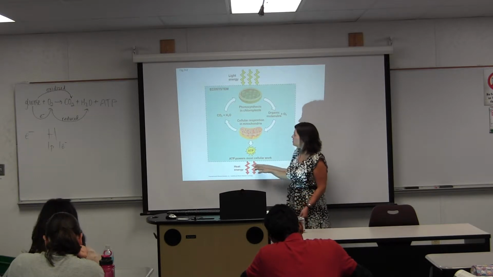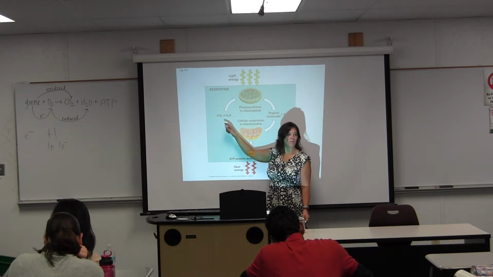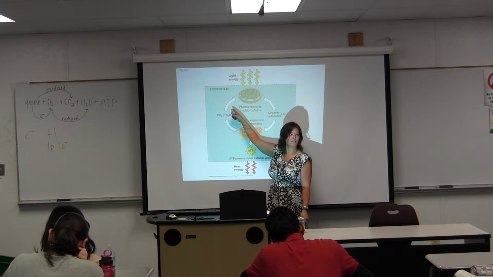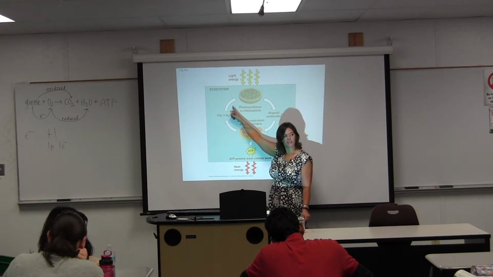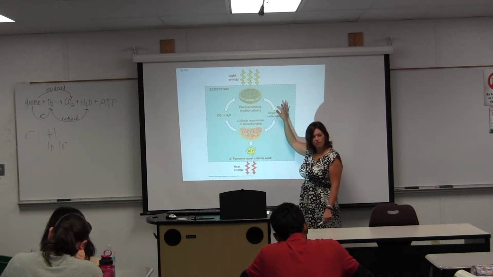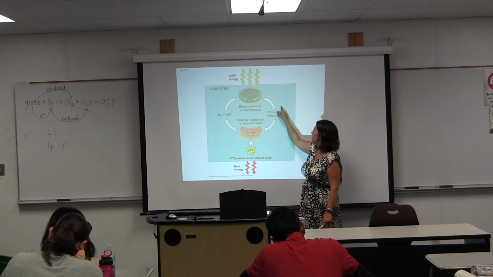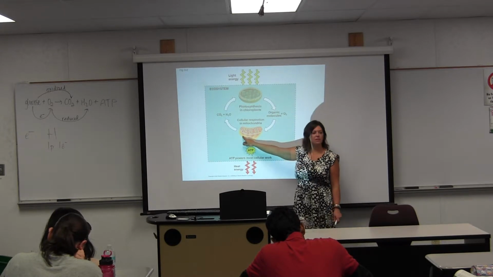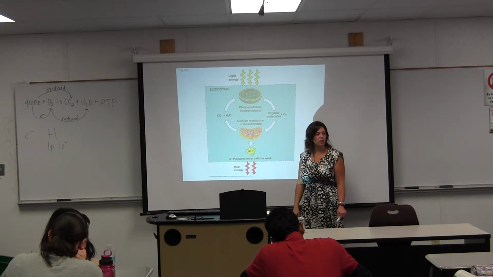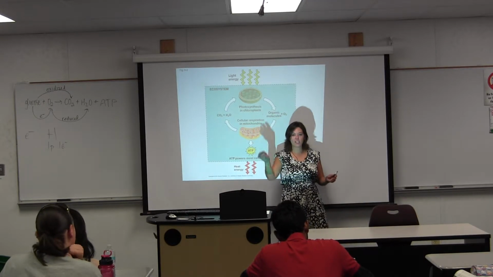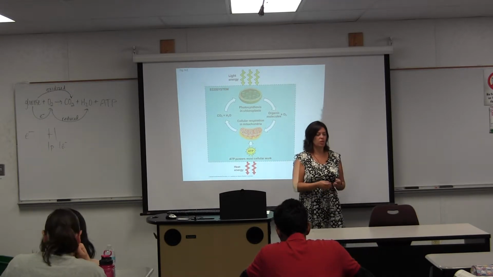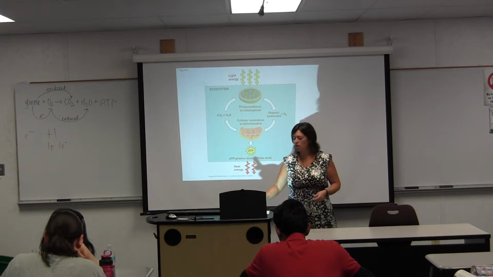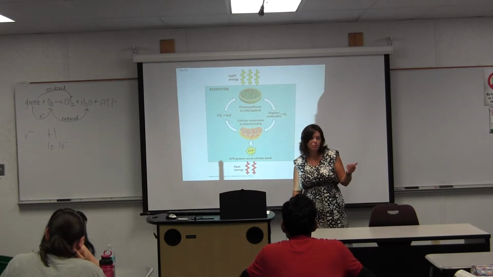So the products of cellular respiration become the reactants for photosynthesis. And then the products of photosynthesis, right here, become the reactants for cellular respiration. And so there's this constant cycle between cellular respiration and photosynthesis. And autotrophs, remember what's an autotroph?